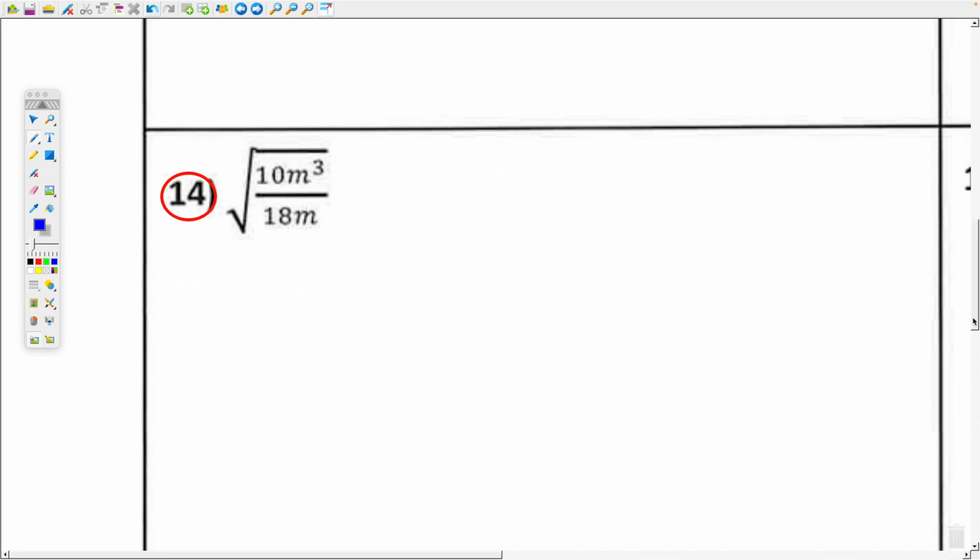So I have the square root of 5 and the square root of 9. Do you know what to do with the exponents? Subtract them. So that means I have 3 minus 1. What's 3 minus 1? 2.